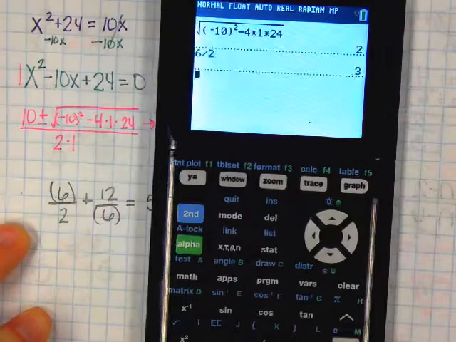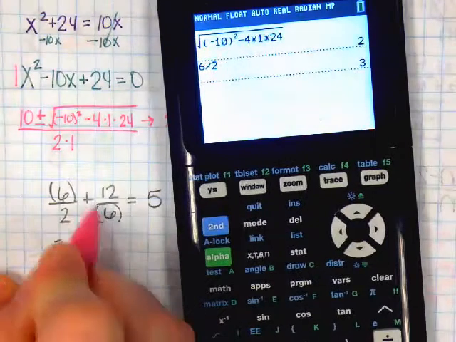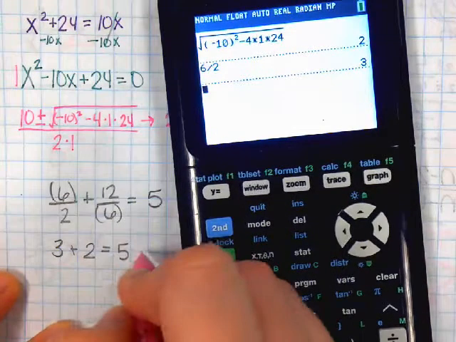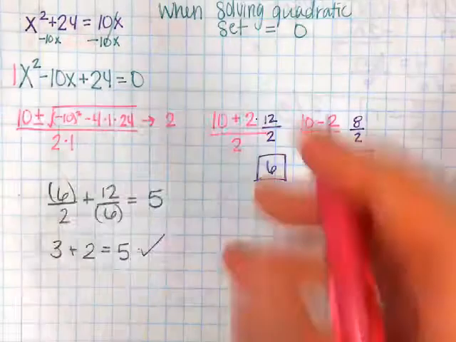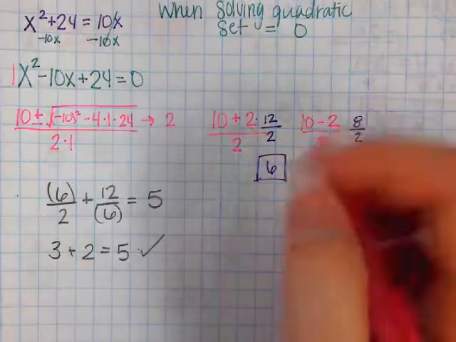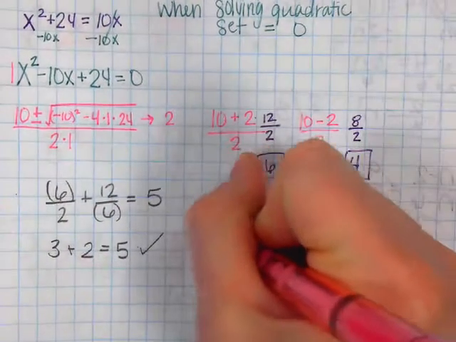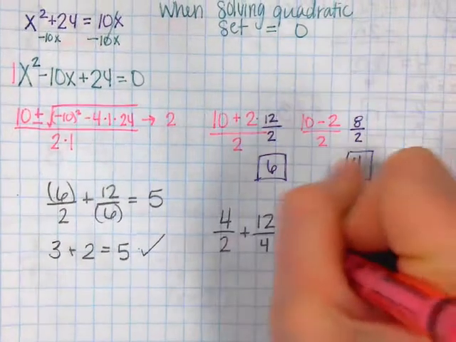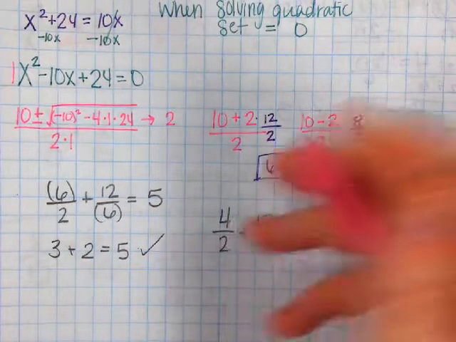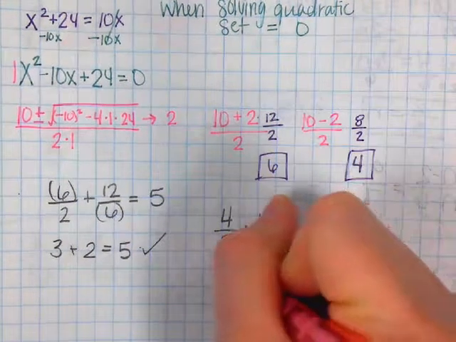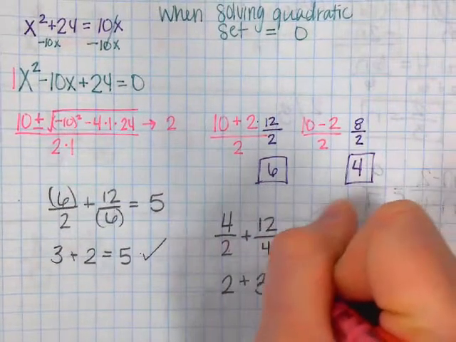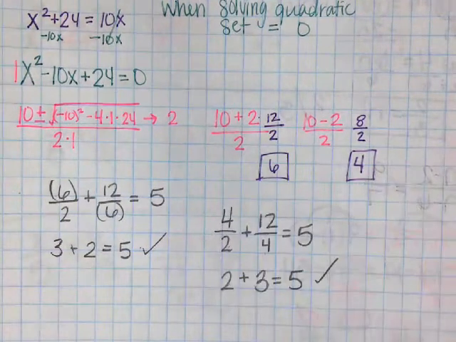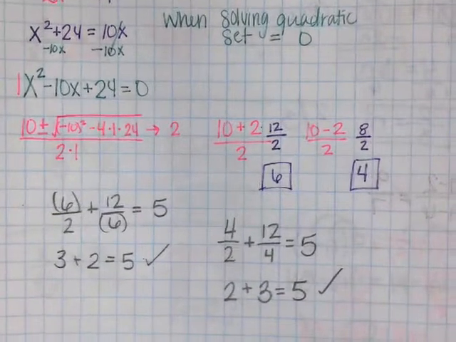Okay. 6 divided by 2 is 3. 12 divided by 6 is 2. 3 plus 2 is 5. So 5 equals 5. Okay, I'm going to do it for this one. 4 divided by 2 plus 12 divided by 4 equals 5. 4 divided by 2 is 2, plus 12 divided by 4 is 3. 2 plus 3 is 5. So both of those are correct solutions.